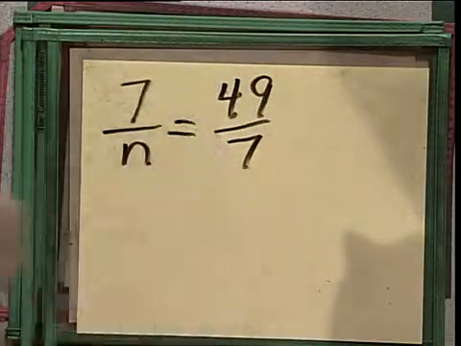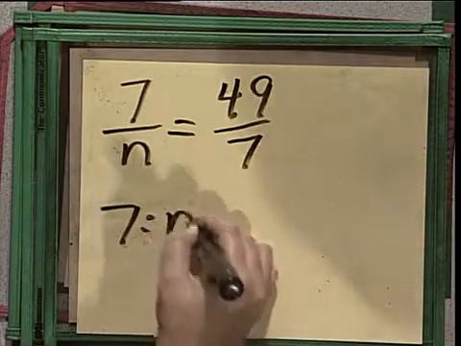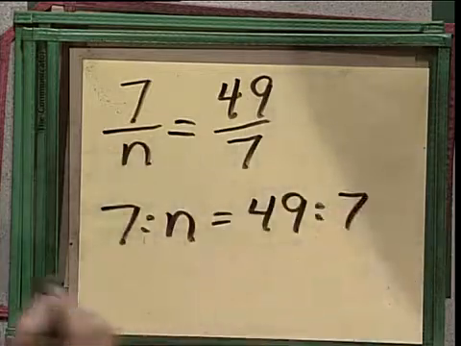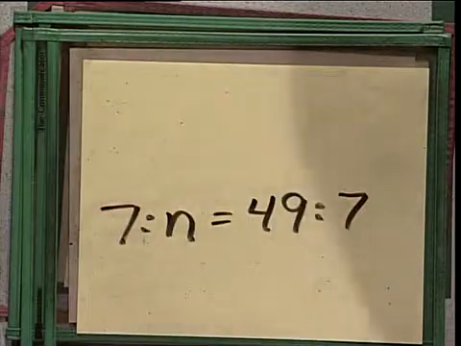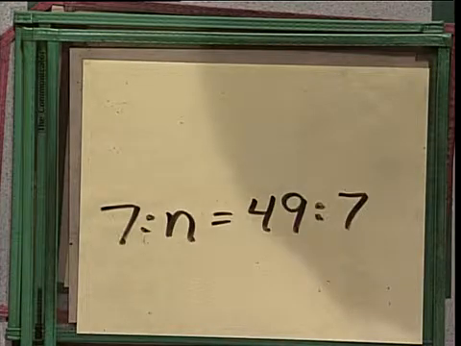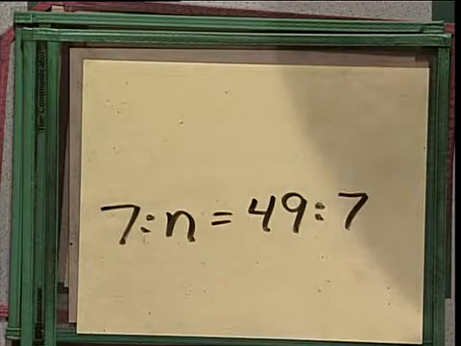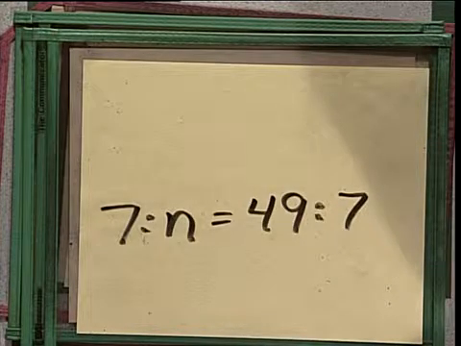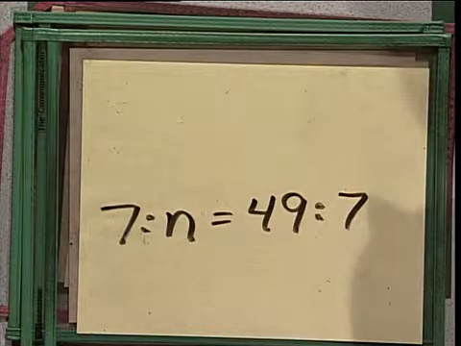Is it like a fraction, or is it like a ratio like this? Like that. Okay, like how you're writing it right now. So, tell me what you know. Well, I know that the outside numbers, the 2 sevens, are called the extremes, and the 49 and the n are called the means.